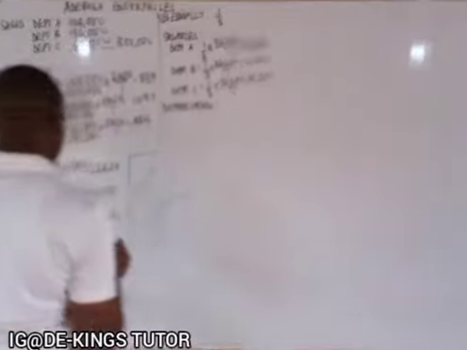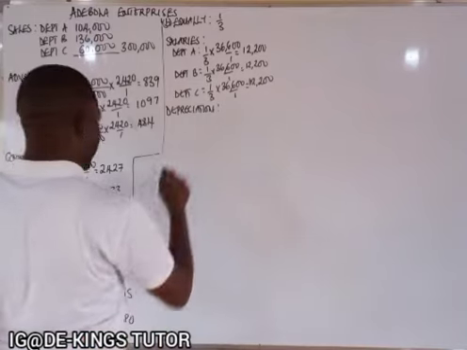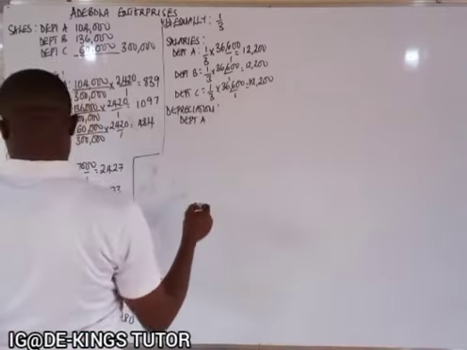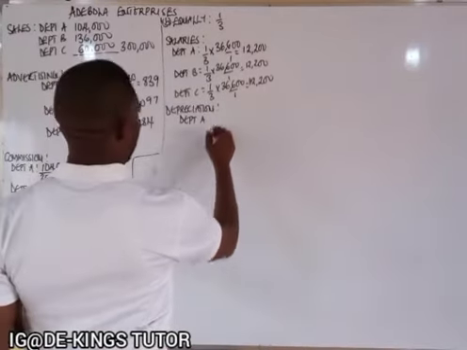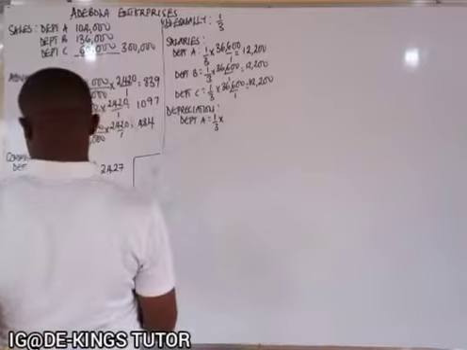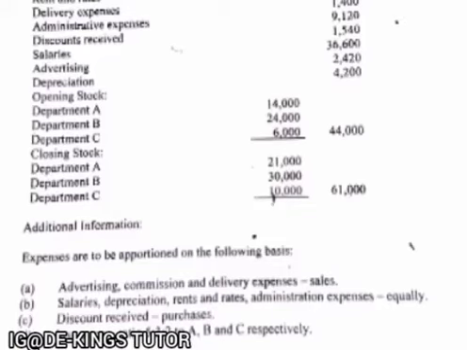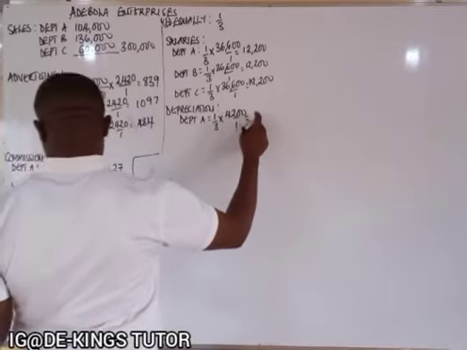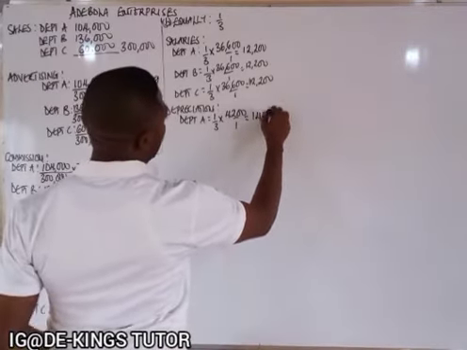So for depreciation now, we'll have Department A, same equally, 1/3 times the amount for depreciation, which is 4,200. So 1/3 times 4,200 will give us 1,400.